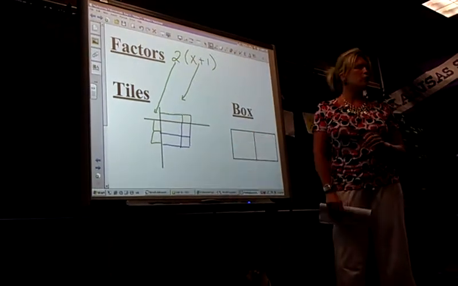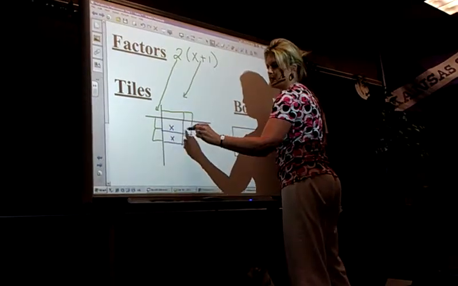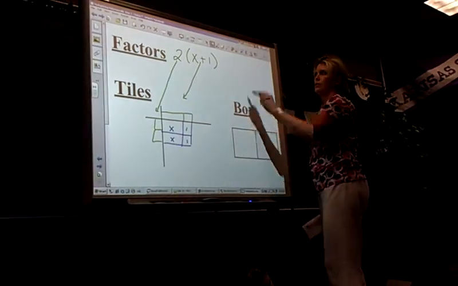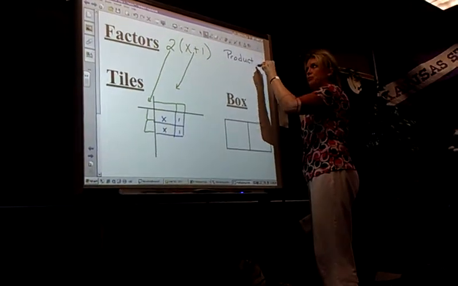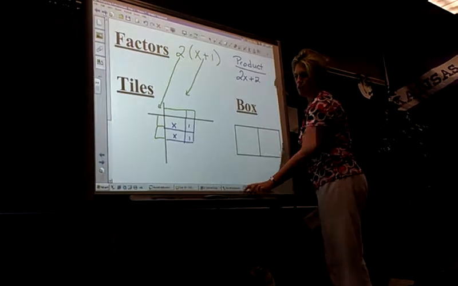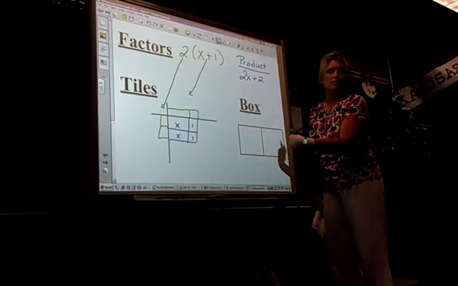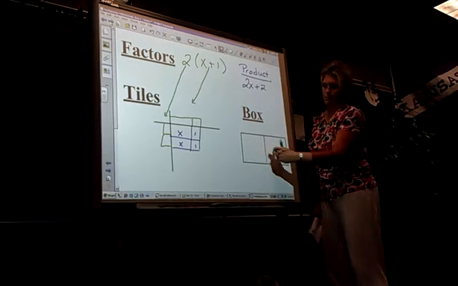So now I just have to write what's left. Well, this is an x, a unit, and a unit. So what's my product? 2x plus 2. If you look at the box right here, look, we're separated into 2 things right here. 2 boxes.